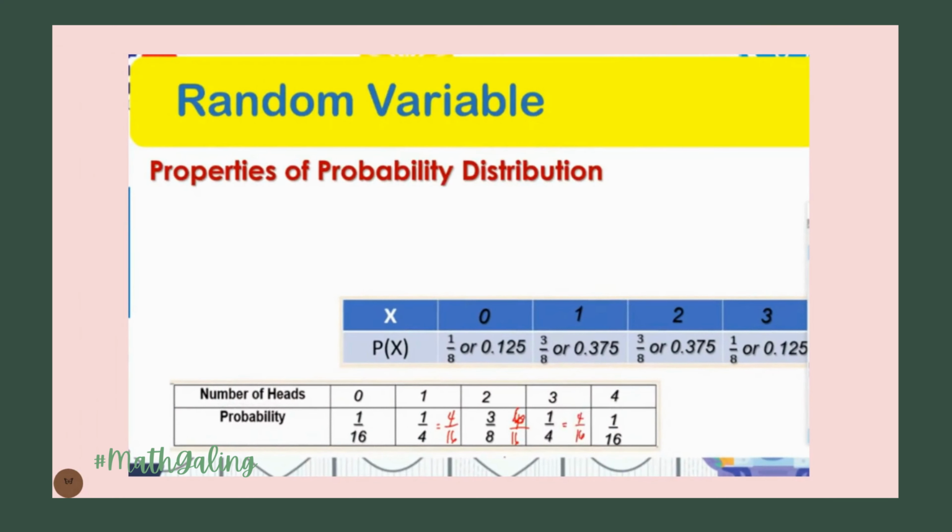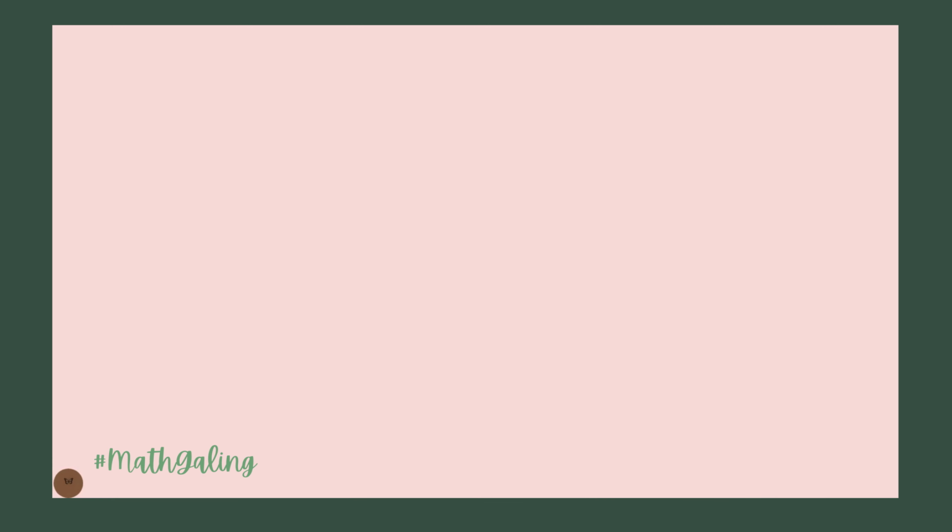Now, we all know that 1/16 plus 4/16 plus 6/16 plus 4/16 plus 1/16 is the same kind of distribution. If we add 1 plus 4 plus 6 plus 4 plus 1, its total will be 16 out of 16, or 1. So what does it mean?